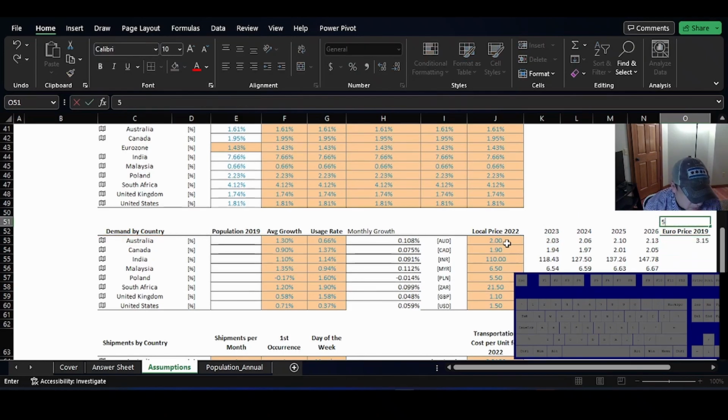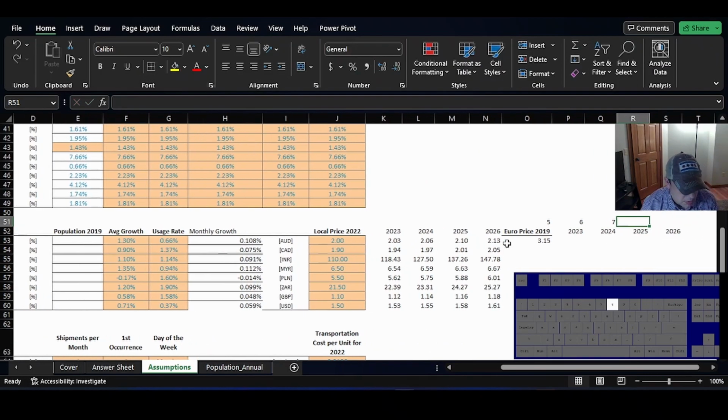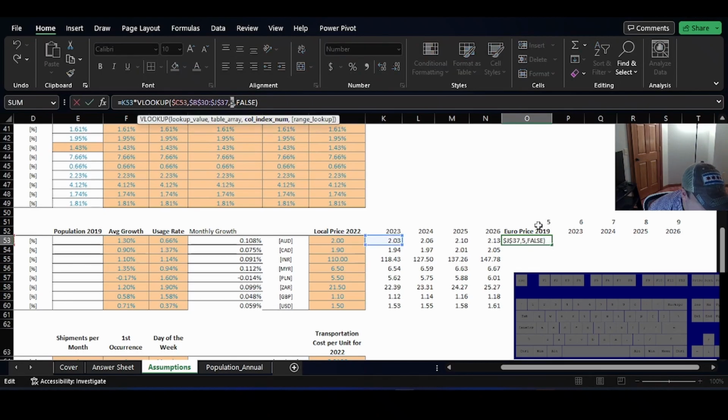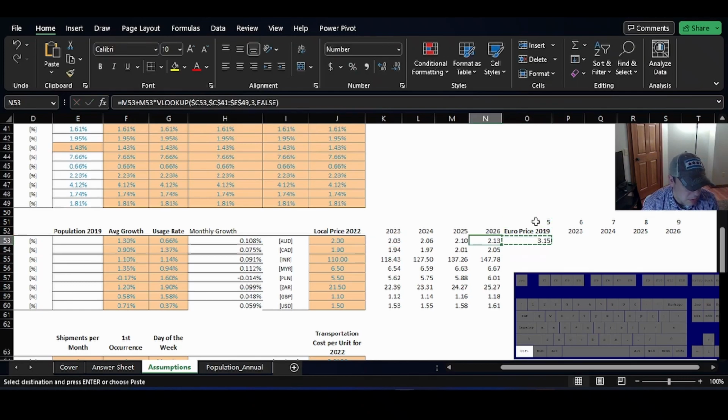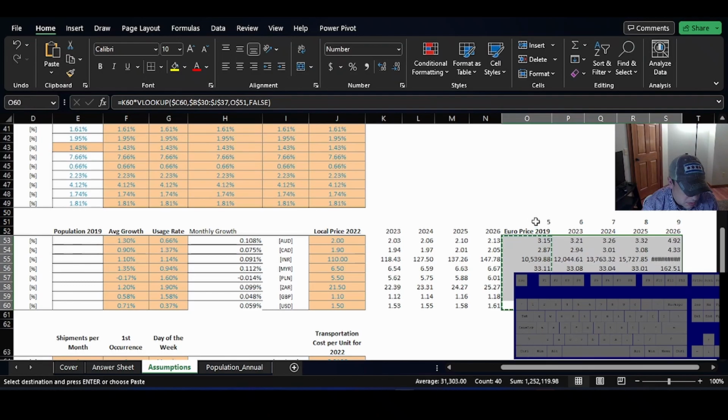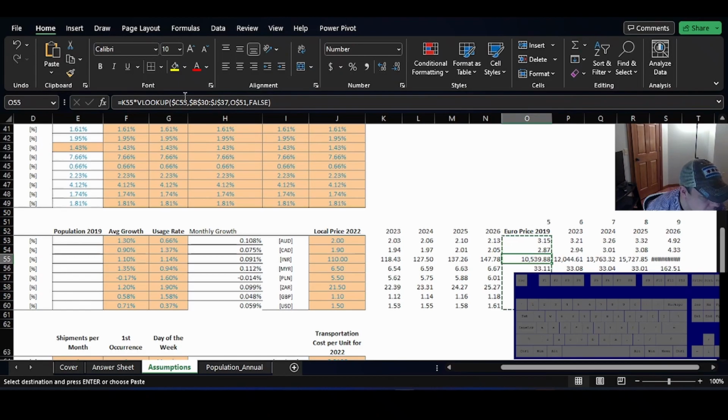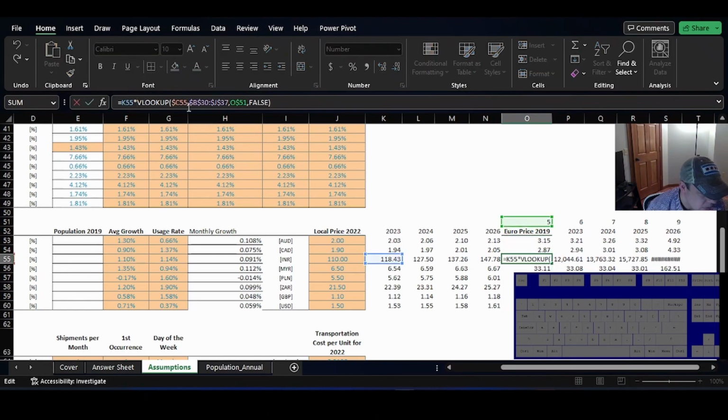So this is your VLOOKUP value. So instead of 5, it's going to be that. That doesn't seem right. Times. Oh, it's going to be.